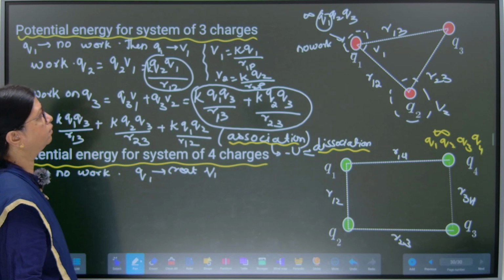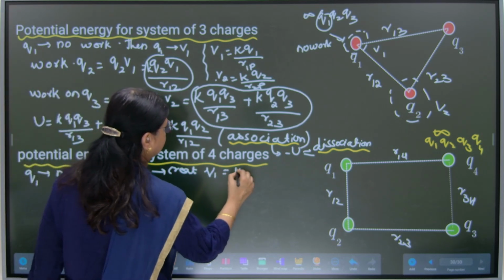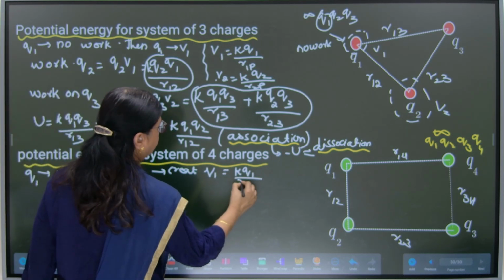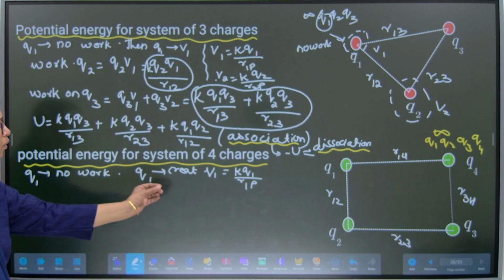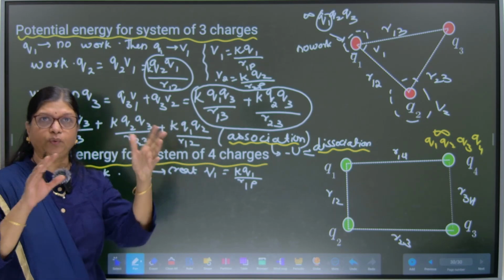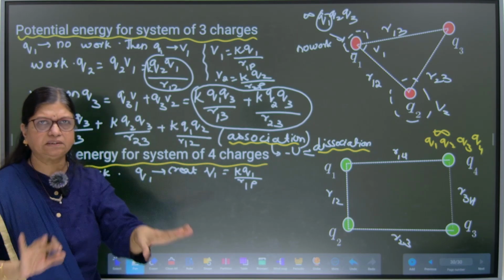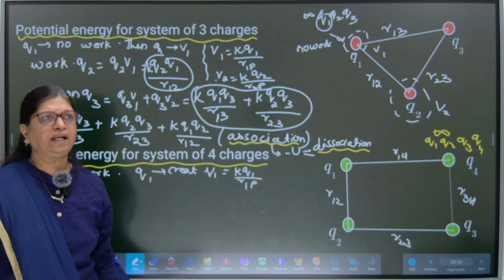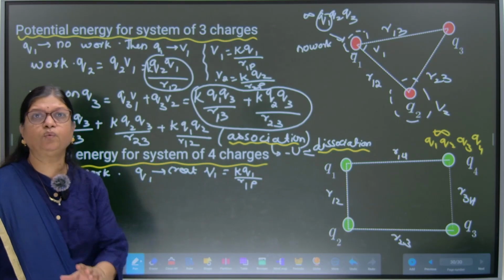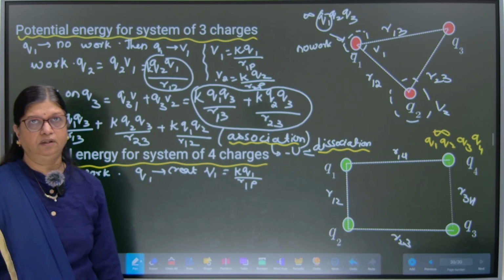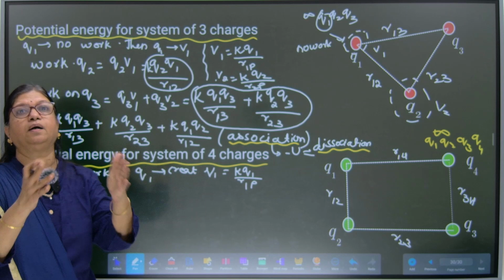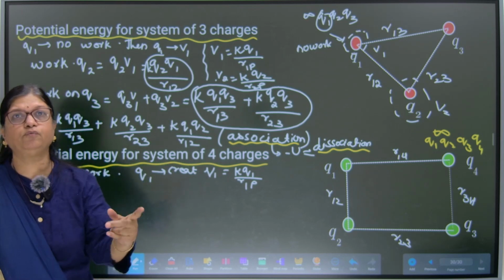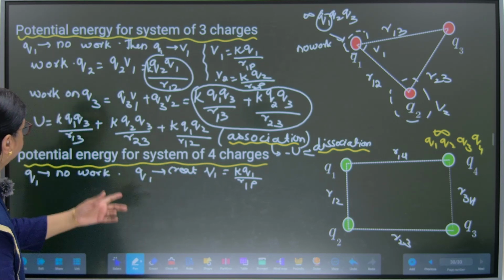Agreed? That V1 we can write as K Q1 upon R1P. Now, I have tried to do this on one board so that you understand the comparison. Comparison is the best way of learning. I can use another page also, but purposely I don't want to. Why? Because you can compare the difference between the potential energy of 3 charges and 4 charges. Fine?